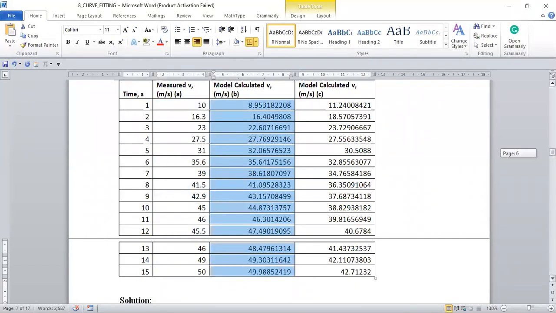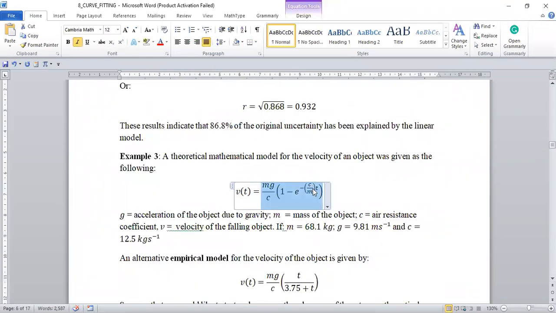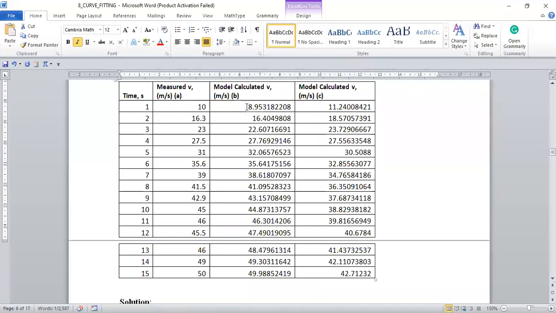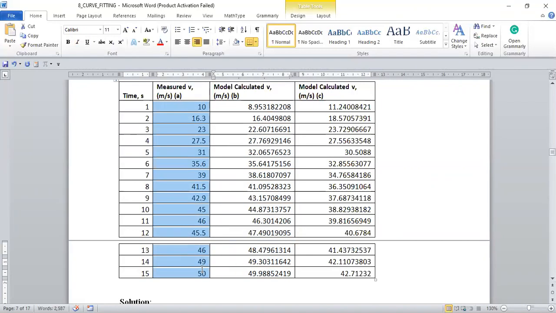Then this one is based on the model we derived, on this particular mathematical model, giving these values. All I did was put these values into this model to produce this column. But the measured column is actually given in the question.